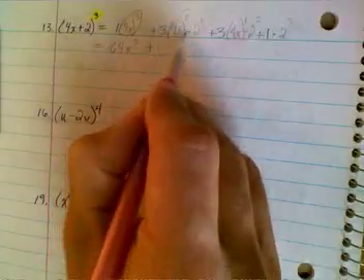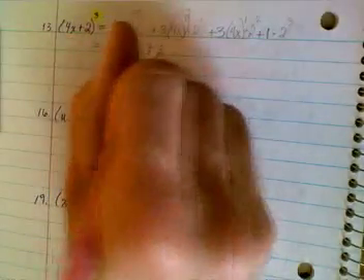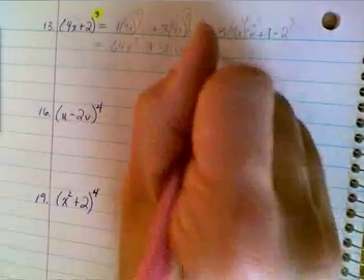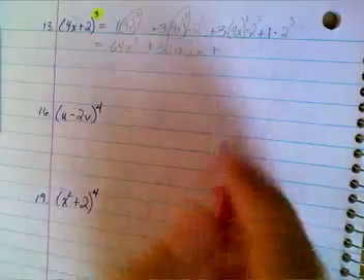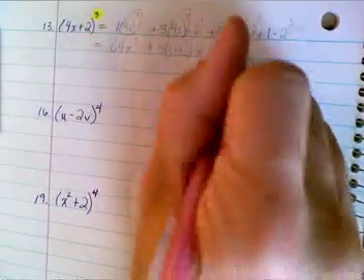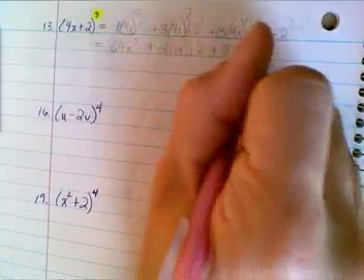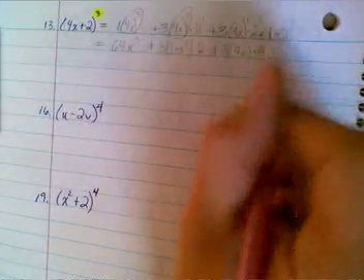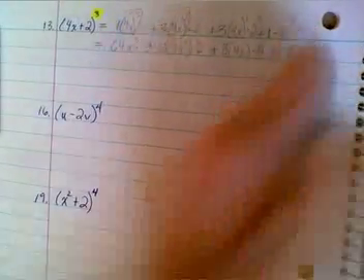Plus, I need to square this, 3 times 16x squared times 2, plus 3 times 4x times 4 plus 2 to the third gives you 8.